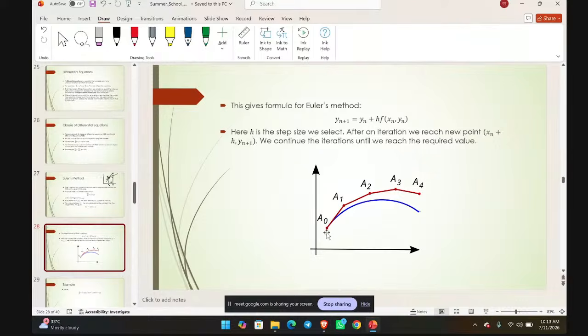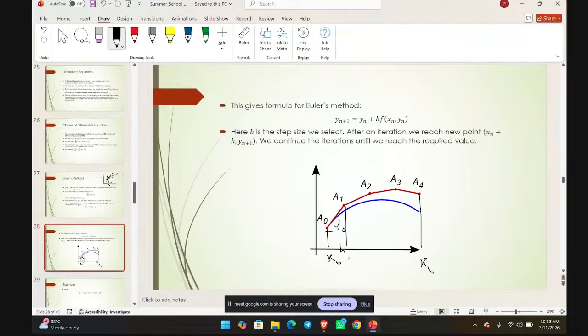If you observe this graph, we started here. This is the x naught point, and we want to reach this x4 point. Here we found the slope of the curve because we know x0, y0. And we took a small step. The step size is h.